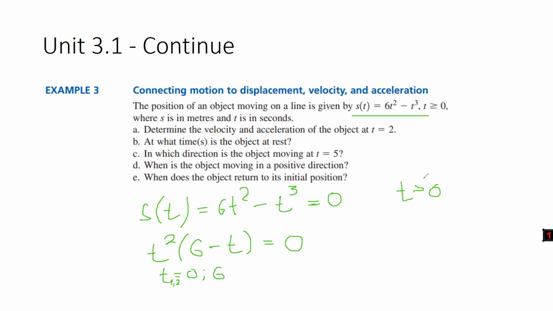But we said that we're not interested in t equals 0, so we cross it out. Next step, t1 equals 0 is not in the range.